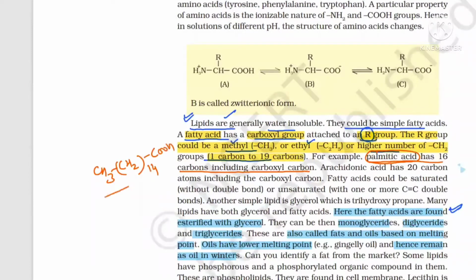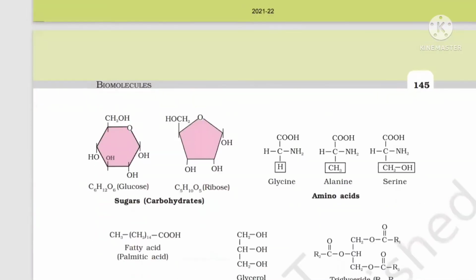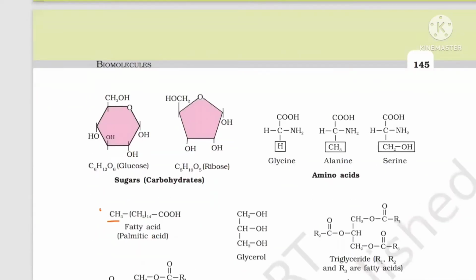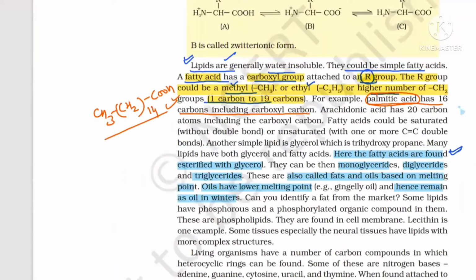This is palmitic acid, a saturated fatty acid. See in our NCERT, this diagram is given: CH3, CH2 14, COOH. This is your R group, and the R group in palmitic acid has how many carbons? 15 carbons. Please remember, this is the way a question can be asked. Is it clear?